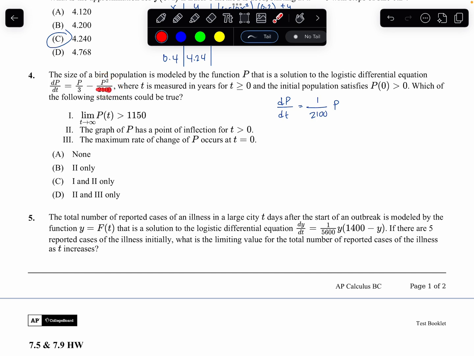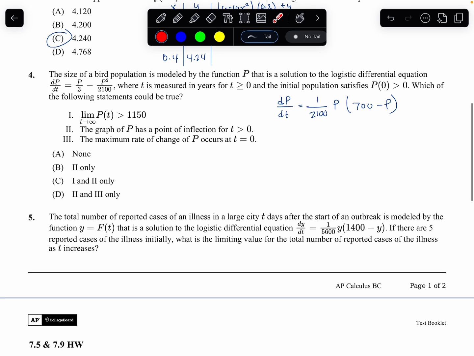So I have to factor out the 1 over 2100, and I need to factor out a p. And then I'll be left with, if I'm factoring out a 1 over 2100, I have to multiply this by 2100. So 2100 divided by 3 is going to be 700. So this will just be 700 minus p. And now this is in a familiar format, and I know that the max population for these birds is 700, and that tells me a lot.